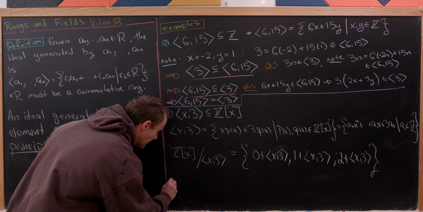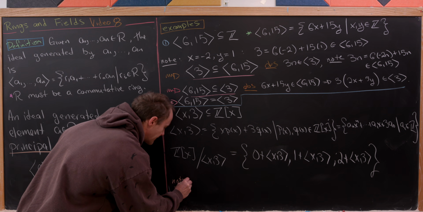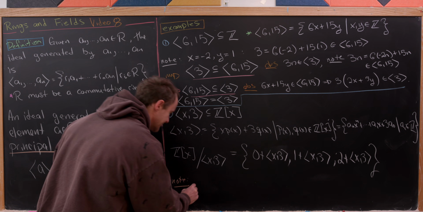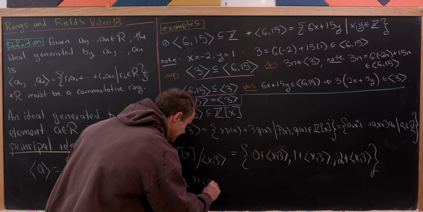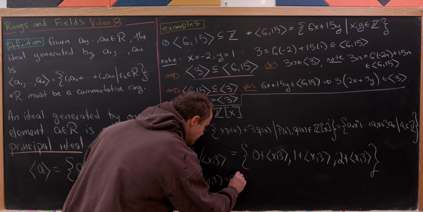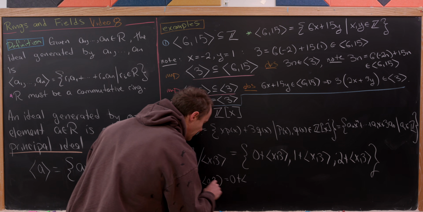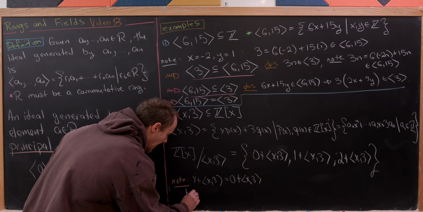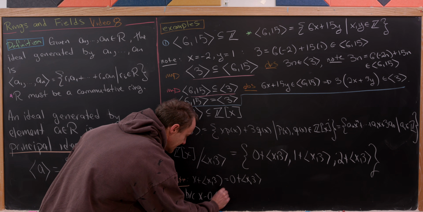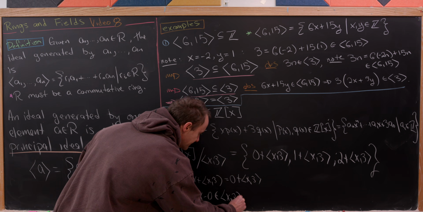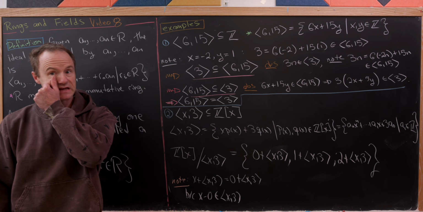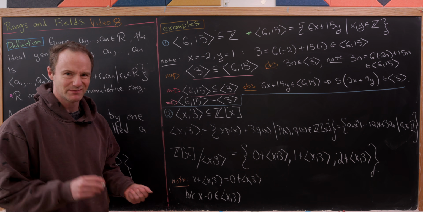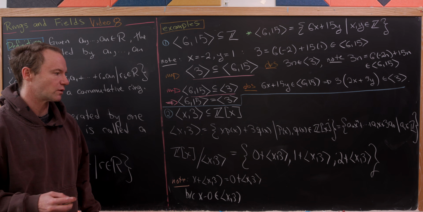And I think that this will be pretty clear if we look at the following observation, and that is x plus this ideal is equal to the coset 0 plus this ideal. And that's because x minus 0 is equal to x, which is an element of this ideal. So that means anytime you see an x, that's simply just 0 inside of this quotient ring.